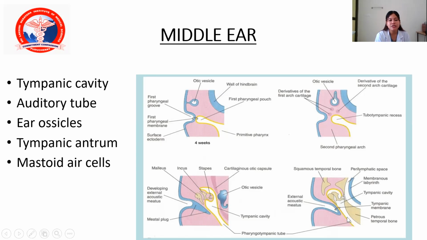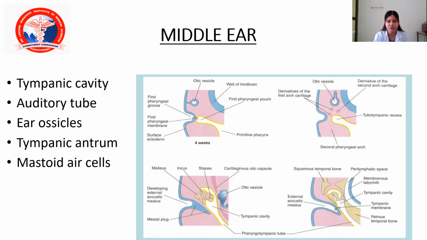This narrow proximal portion will develop into the pharyngotympanic tube, which is the auditory tube, and can also be called the eustachian tube. So that is about the tympanic cavity and auditory tube. So how is it formed? The tubotympanic recess develops as an extension.